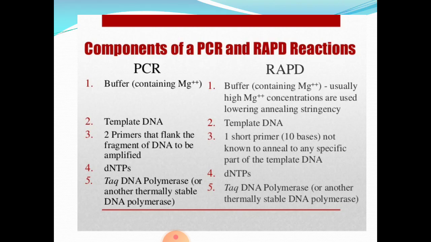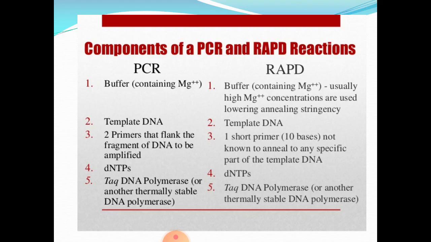Please note, in RAPD, you make use of one short primer, normally 10 bases in length, and not known to anneal to any specific part of the template DNA. Randomly it goes and attaches to different regions of the genome. This is the major difference between a PCR reaction and a RAPD reaction.